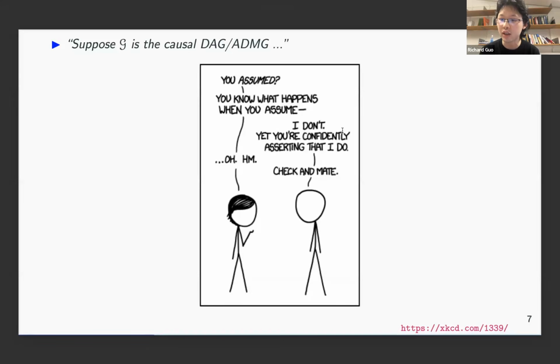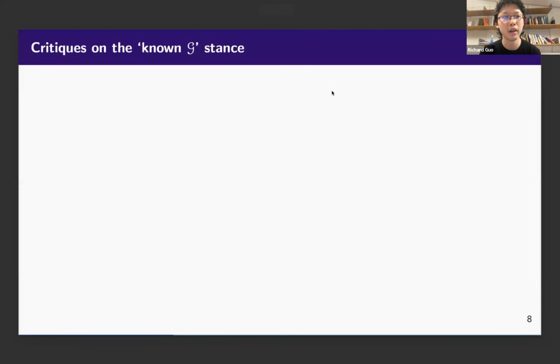In what cases can we expect to know such a graph G? I think it's quite rare in practice. So basically, the motivation comes from some critiques of this known-G stance.